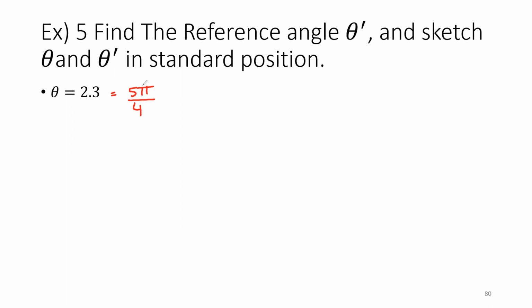Just put it in the calculator. I had to literally test, look at my unit circle, and test which one. If I put this in the calculator, this is the only one that gives me the exact value of 2.3. So if you don't believe me, put it in the calculator. Remember, pi is like 3.14.